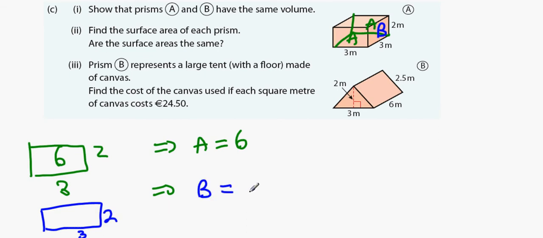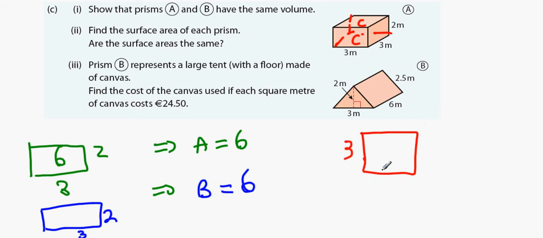Now we need to find the top and the bottom. Okay, and the top and the bottom is going to be 3 by 3. It has a square top and square bottom. So the top and the bottom we'll call area C. And area C is going to be an actual square. Okay, so it's going to be 3 by 3, which gets you 9. So C equals 9.